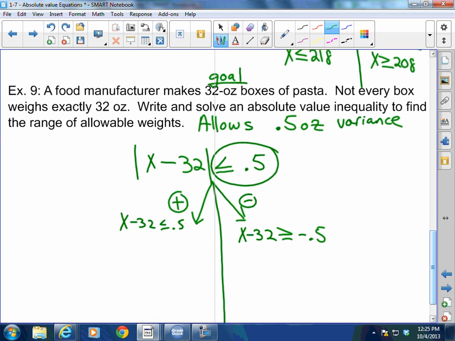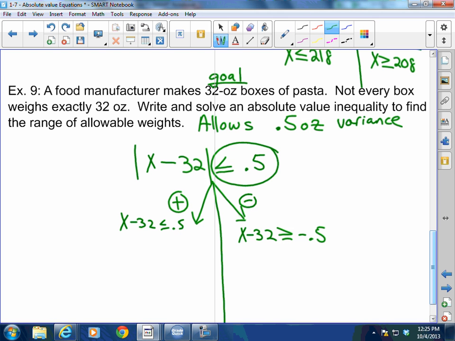Whenever I multiply or divide by a negative, when I'm dealing with inequalities, I must flip the inequality. Yes, sir. When you're doing the mirror, when you're solving, you got rid of the absolute value. Remember, we got rid of the absolute value because now we're finding the positive and the negative side of it. Does that make sense, sir?